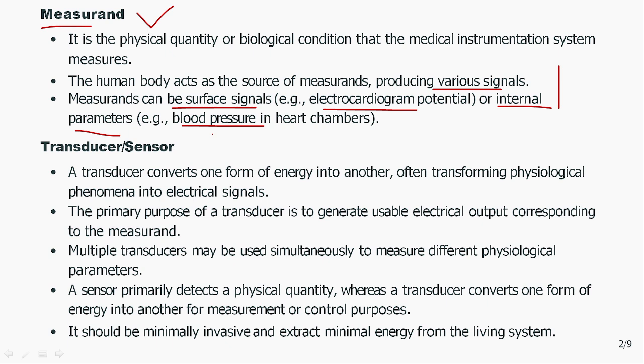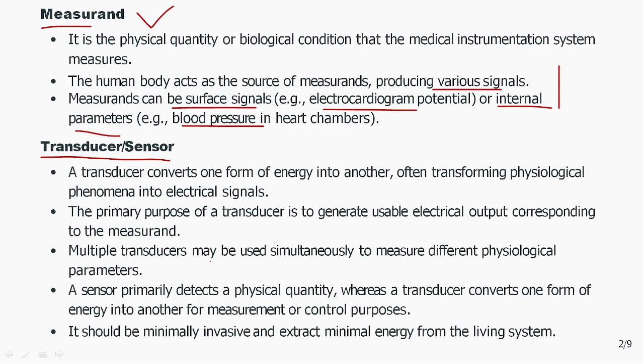Now we need to convert all these different forms or all these changes with respect to a reference, and we map them to an equivalent electrical signal. So to do that, we require some sensors and transducers.